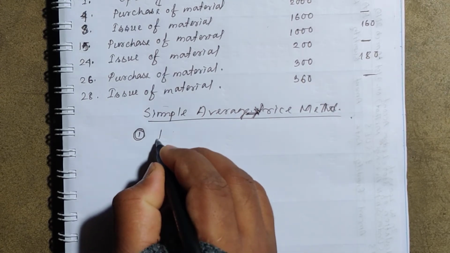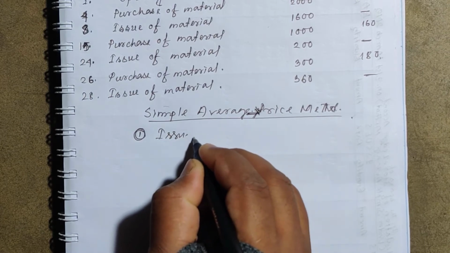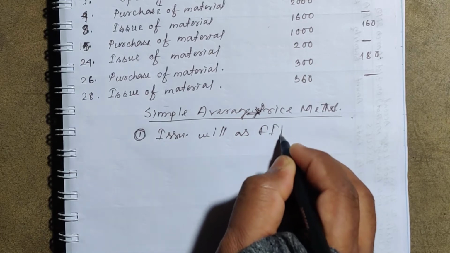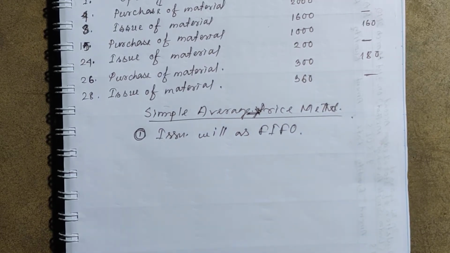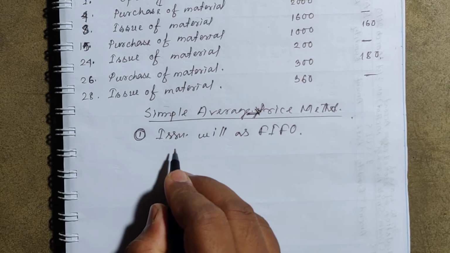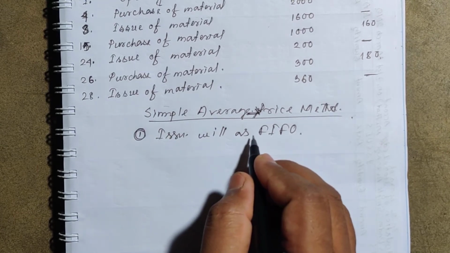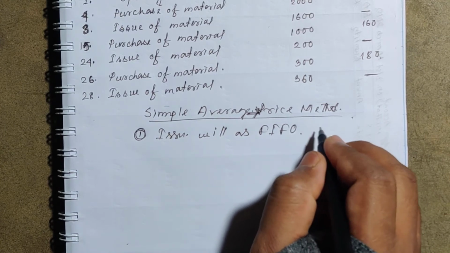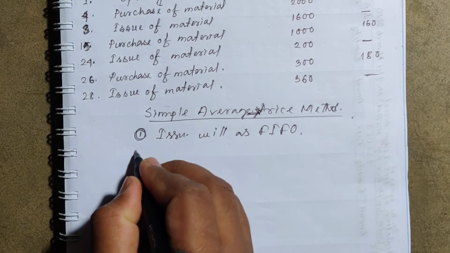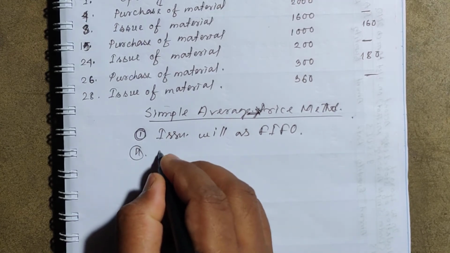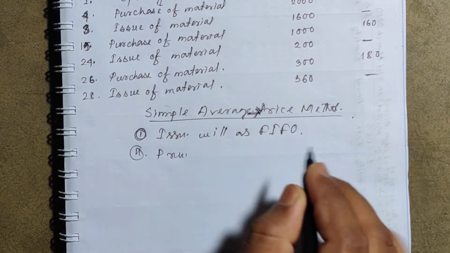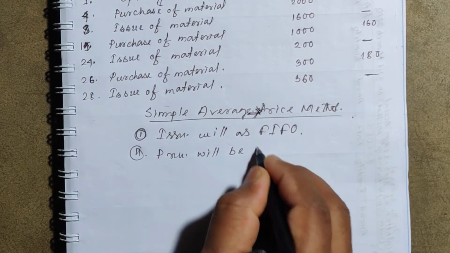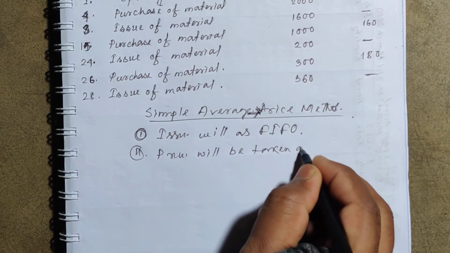That means the issue part will be as the FIFO method, that means issue will be from the first lot of the stock. And the second part is, price will be taken as average.